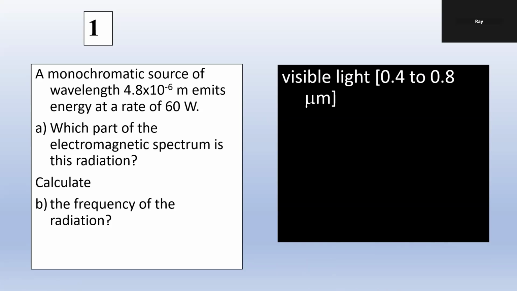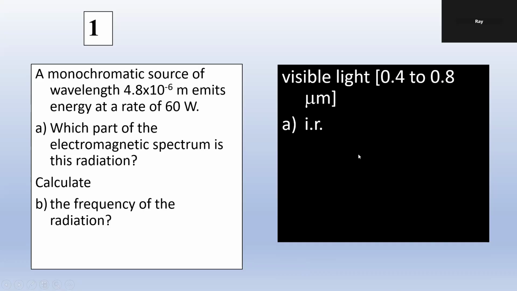And this is a shorter wavelength than visible light. So it's usually ultraviolet. Sorry, I'm the one making the mistake. It's a longer wavelength. So it's infrared. It's on this side, not on that side, longer than this one.